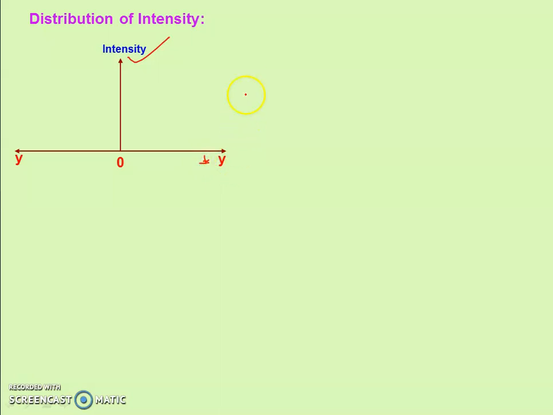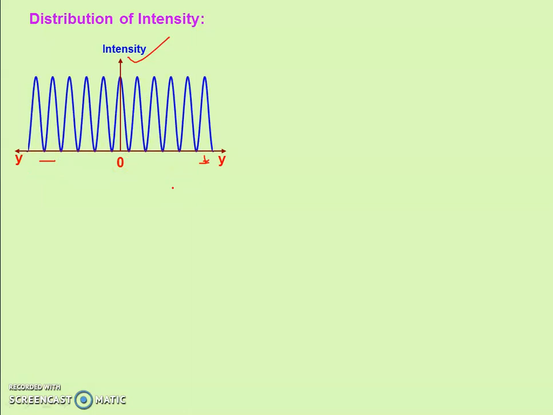We are going in the upward direction from its center, and the negative direction shows that we are going below the center of the screen. Now the intensity distribution is like this, meaning at the center of the screen the intensity is maximum, whereas on both sides we get alternate dark and bright fringes.